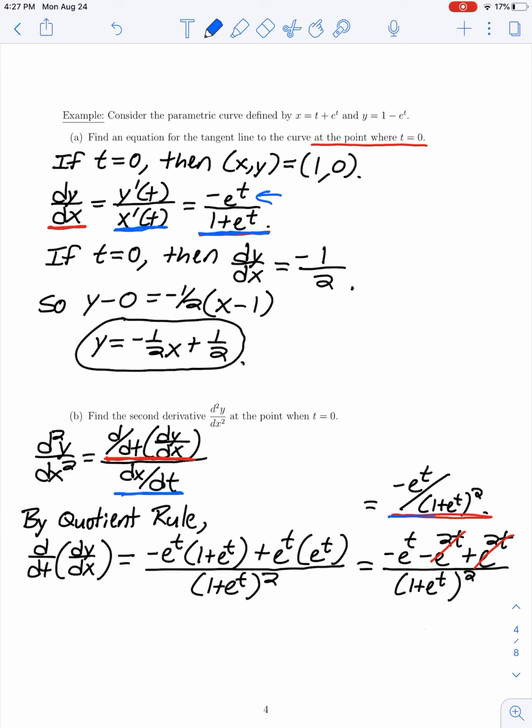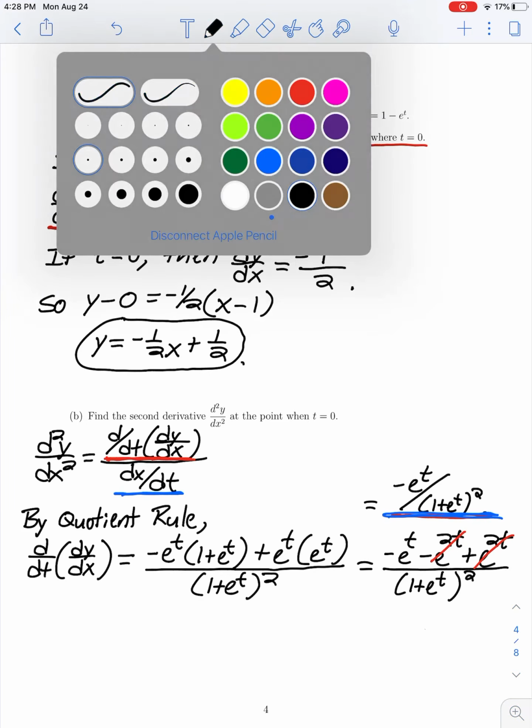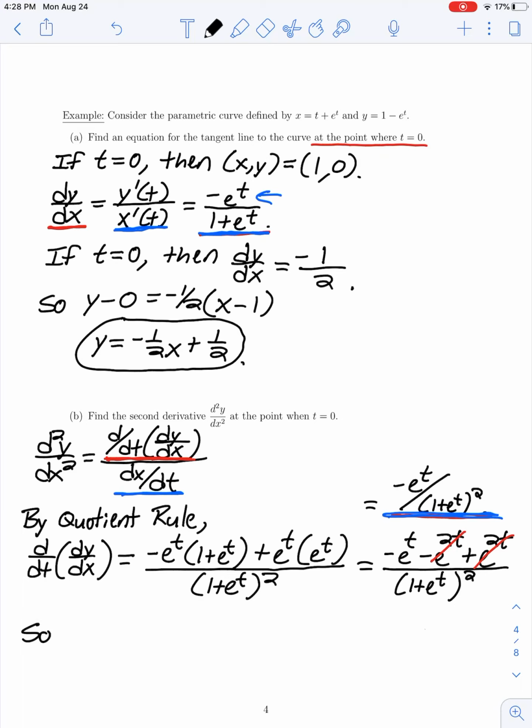So if I take the expression that I just found, which has a denominator of 1 plus e to the t squared, and I divide by 1 plus e to the t again, then my second derivative of y with respect to x is negative e to the t, now divided by 1 plus e to the t quantity cubed.